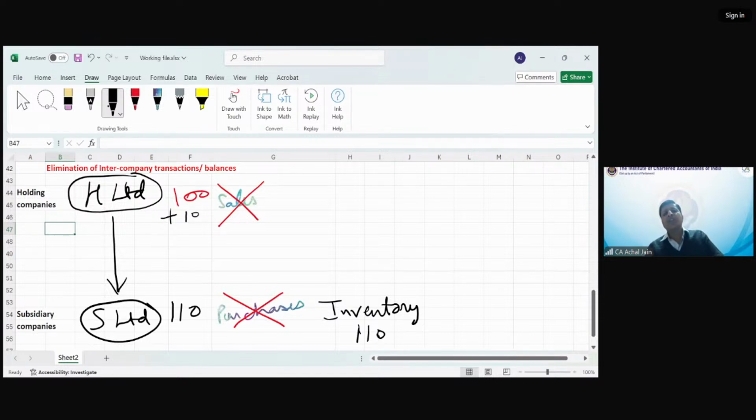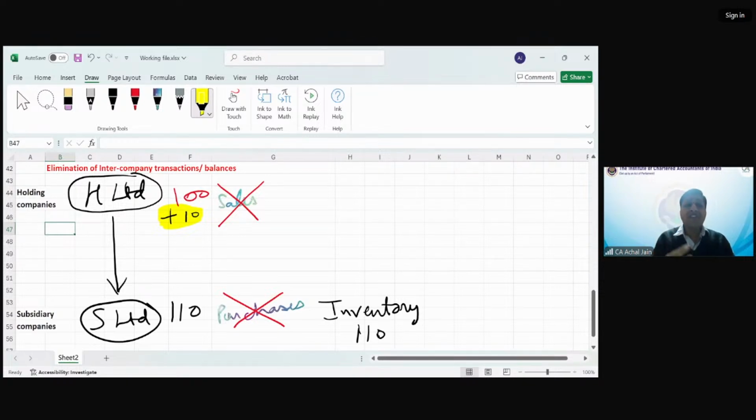Because all the goods were transferred by H to S, but S has not been able to sell them outside the group. If S is not able to sell the goods outside the group, can we say that this profit of rupees 10 is loaded on this inventory? Yes, it has been loaded.